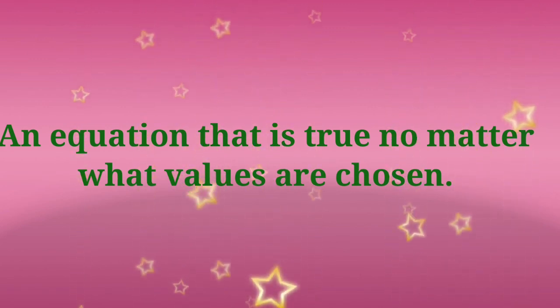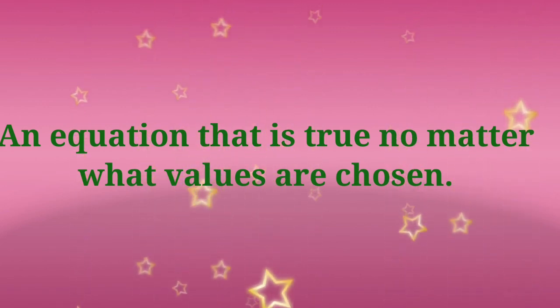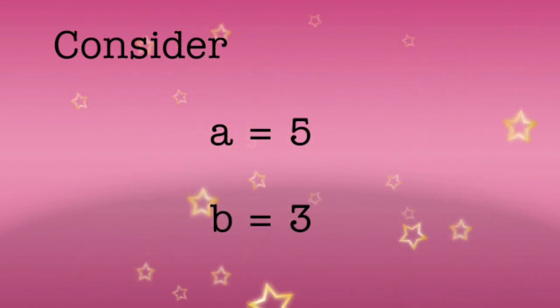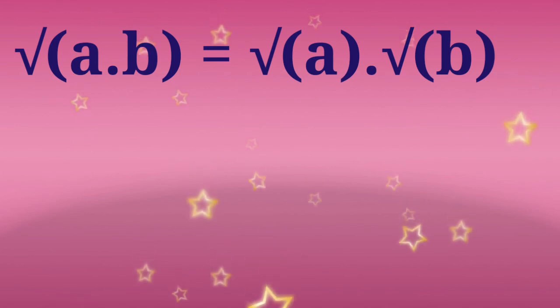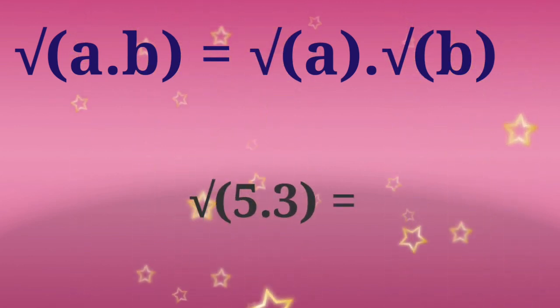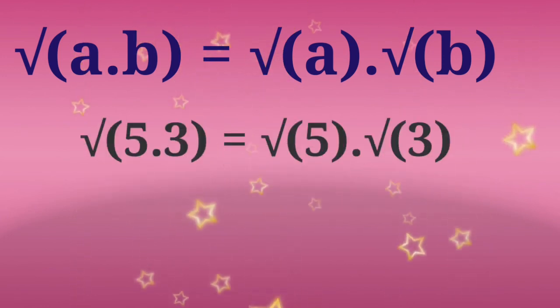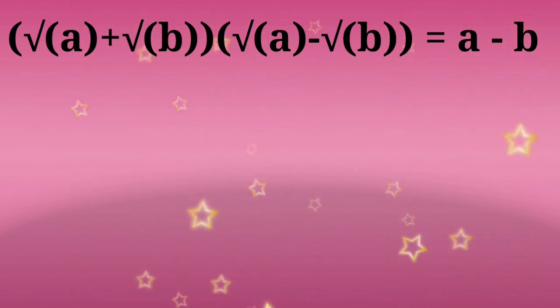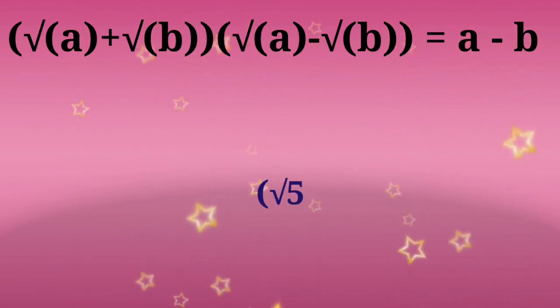You already studied different identities like (a + b)², (a - b)², (a + b)(a - b), etc. Consider a = 5 and b = 3. Then the first identity, root of ab is equal to root a into root b. If we substitute the values, we get root 15 on both sides. Then (root a + root b)(root a - root b).